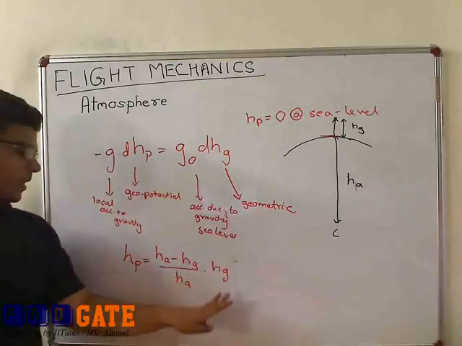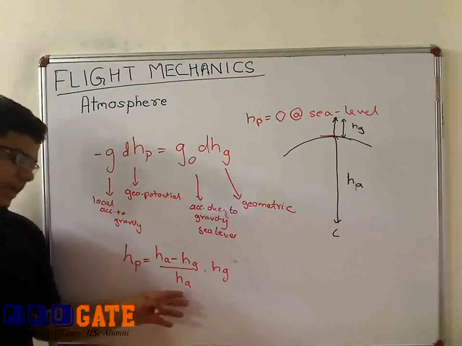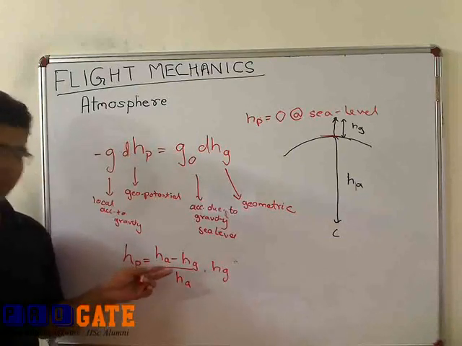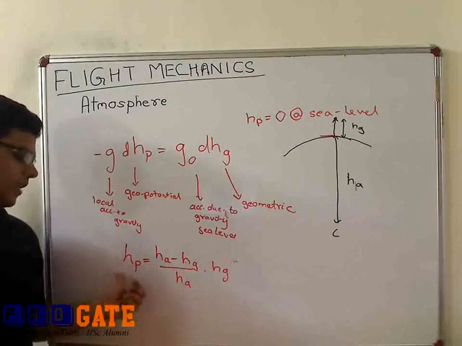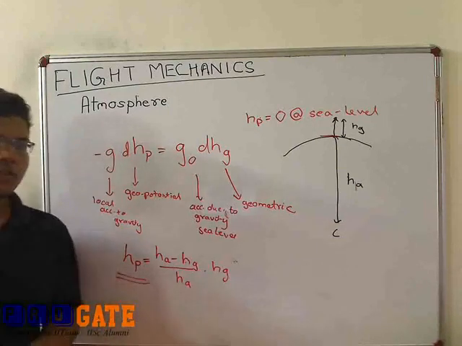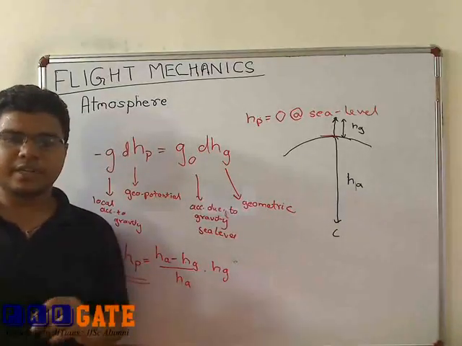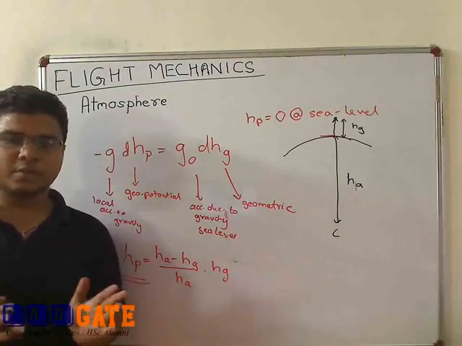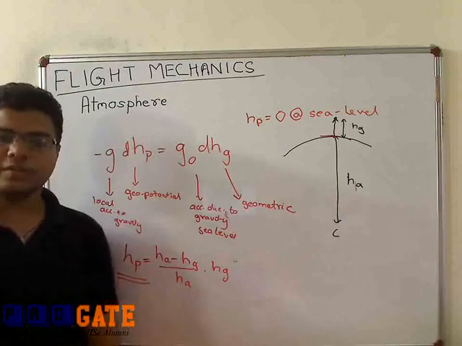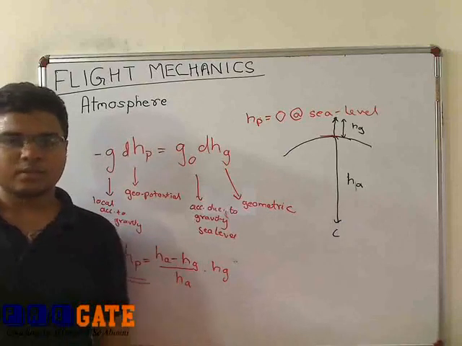So if you know the geometric altitude and the radius of Earth, to find out the absolute altitude of that point, you can find out the geopotential altitude. All the references of pressure, temperature and density given in the standard atmosphere are related to the geopotential altitude of the point. So we'll stop here.